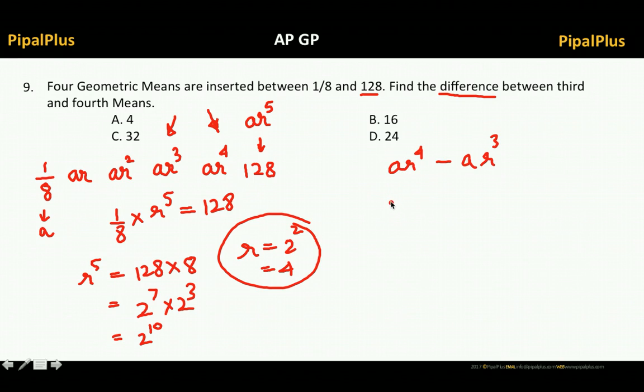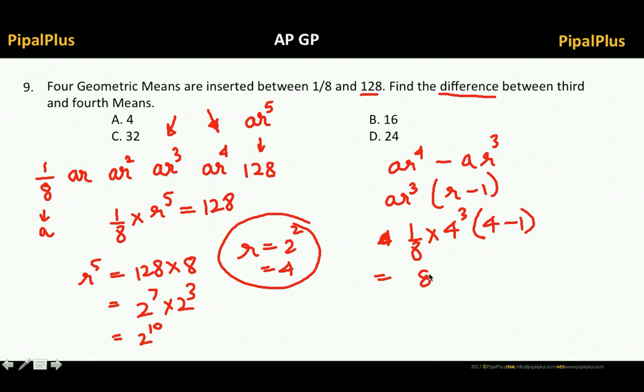So what I'll simply do is I'll take AR cube common, R minus 1, so we get A is 1 by 8, R is 4, times R minus 1, which is 4 minus 1. So we get 4 cubed, 64. So 8 is going to cancel 64 to give us another 8 times 4 minus 1, 3. So the answer is 24.